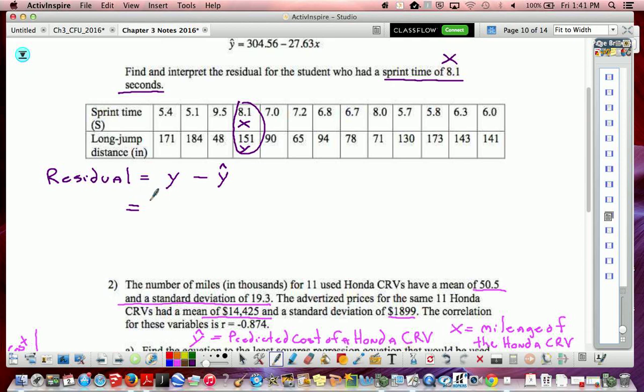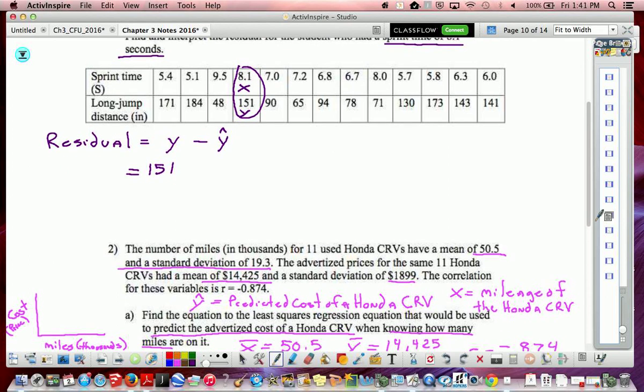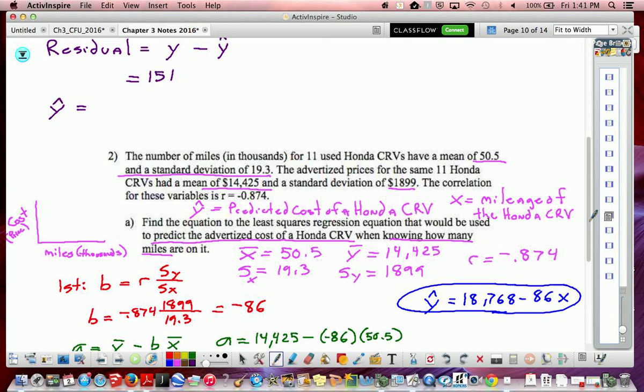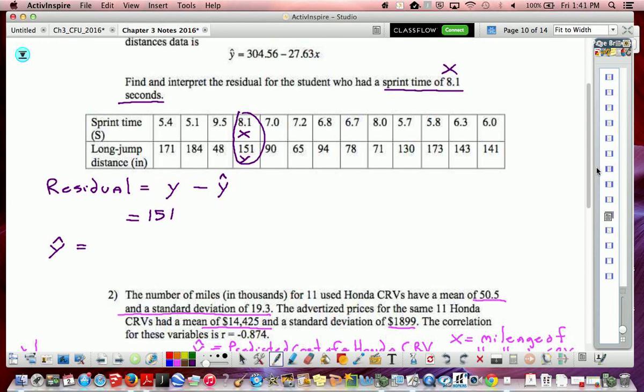So right now for my residual, I know that y is 151. However, I still need to get the predicted y. Well, do they give me a way to get predicted y? Yeah, they give you what? They give you the equation, 304.56 minus 27.63x. And guess what I replace x with? 8.1.